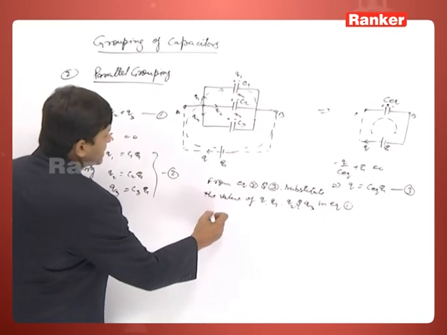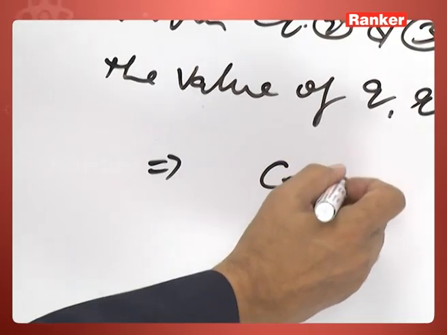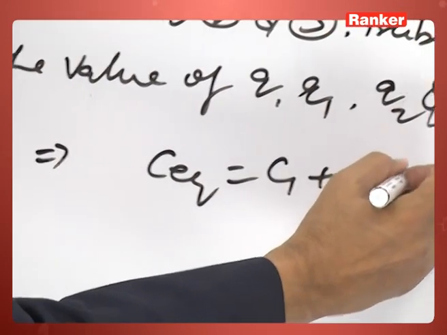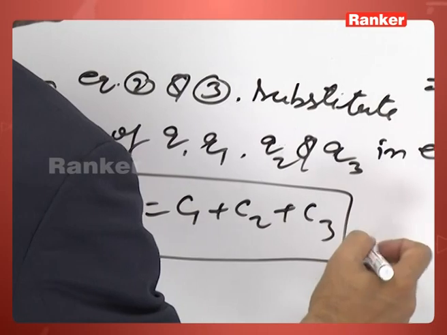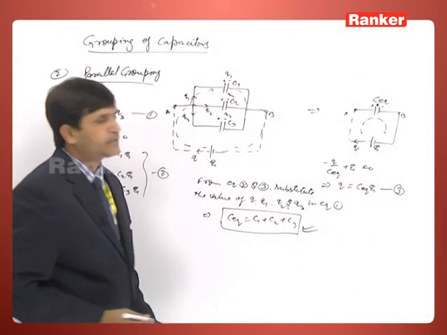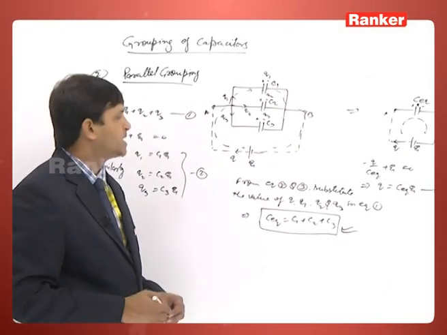What we will get is C equivalent is equal to C1 plus C2 plus C3. So this is your net result if these are in parallel combination.